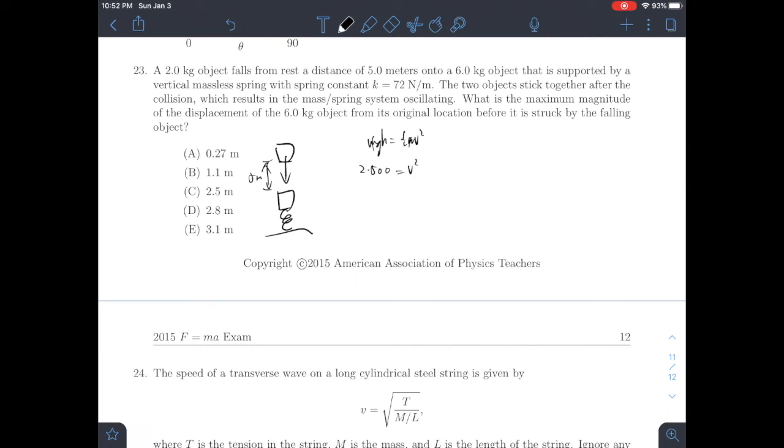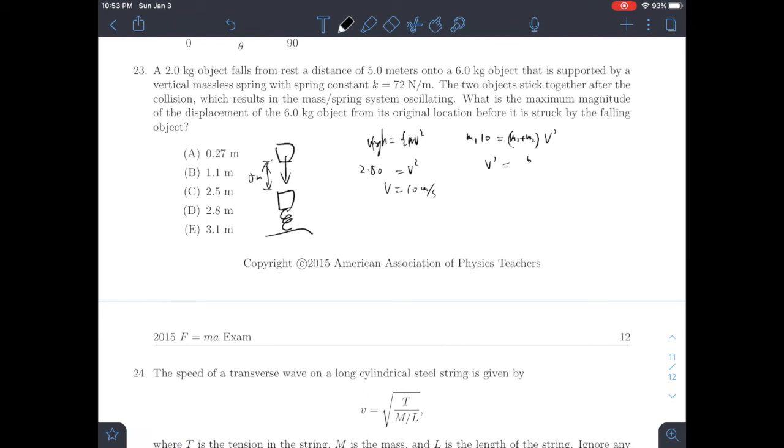So first, we can consider this system in two parts. First, we let the object drop, and then they have an inelastic collision with the resting object on the spring, and we calculate the change in kinetic energy and how it contributes to the spring system. Then we know from the conservation of energy, when the block hits the resting block, its velocity is equal to 10 meters per second. And by the inelastic collision, we have conservation of momentum.